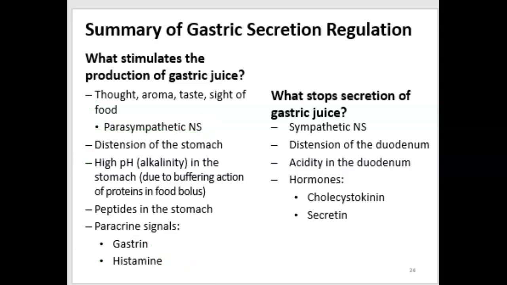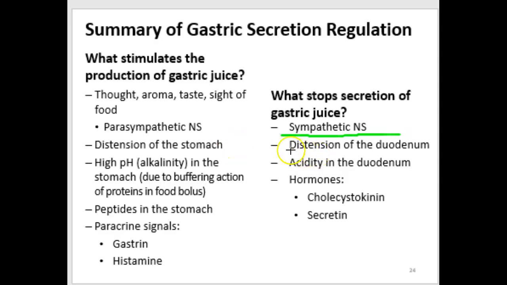Now, what stops gastric juice secretion? Well, lowering sympathetic output would, but in actuality, it's the sympathetic nervous system putting the brakes on the parasympathetic that does it. So the sympathetic nervous system will inhibit gastric motility, inhibit the parasympathetic nervous system, and generally inhibit the gastric glands from secreting anything.